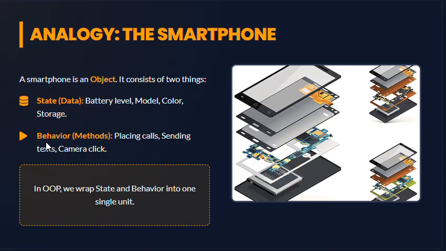This is the action, what the phone does: placing a call, sending a text, or clicking a photo. In object oriented programming, we wrap the state and the behavior into a single unit. You don't need to know the complex circuitry inside the phone to use it. You just use the behaviors.